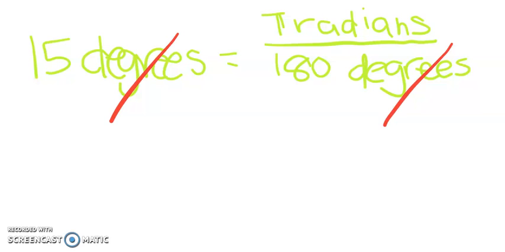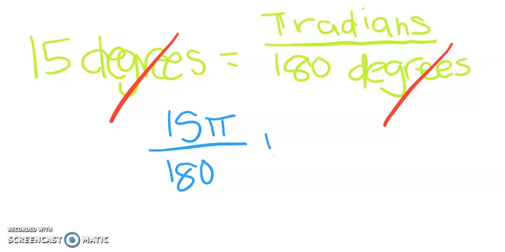So then this will be equal to 15 pi over 180 radians.